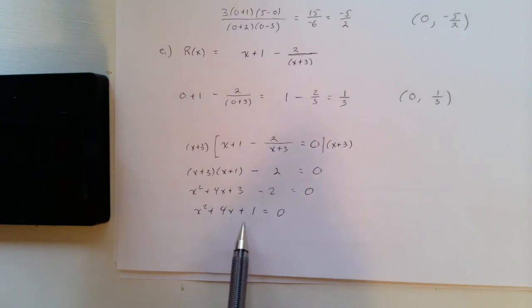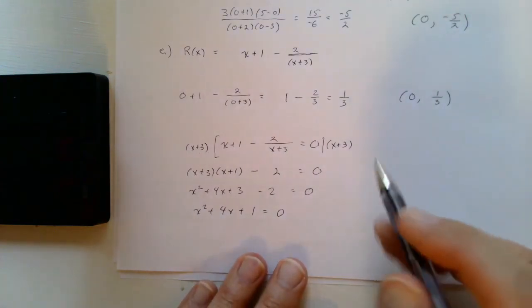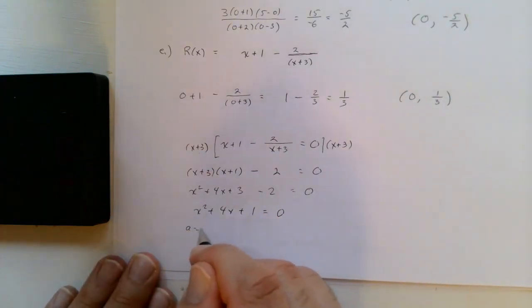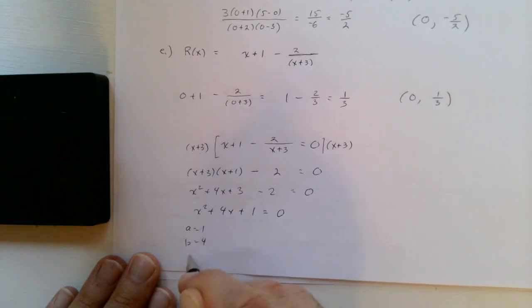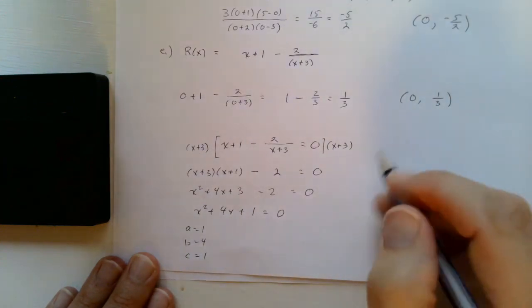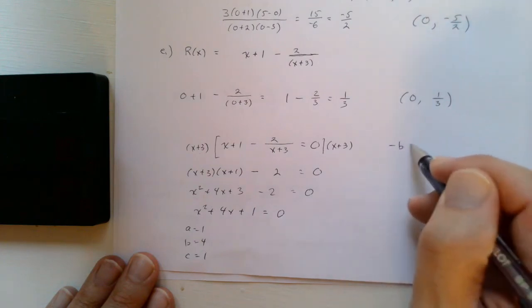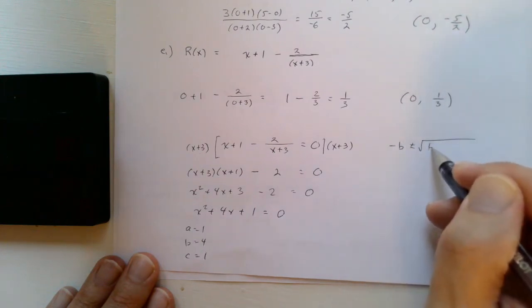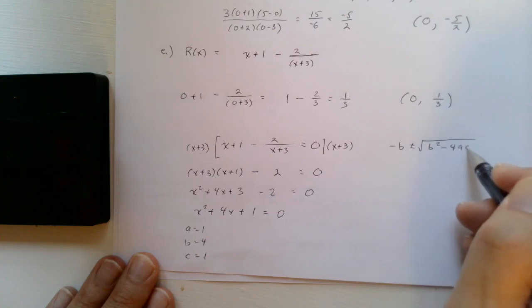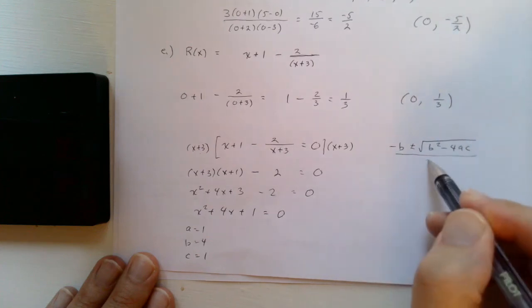You'll see that we can't factor this nicely, but we can use the quadratic formula because we're all experts on the quadratic formula now, hopefully, where a is 1, b is 4, and c is 1. And if you remember, the quadratic formula is minus b plus or minus the square root of b squared minus 4ac all over 2a.